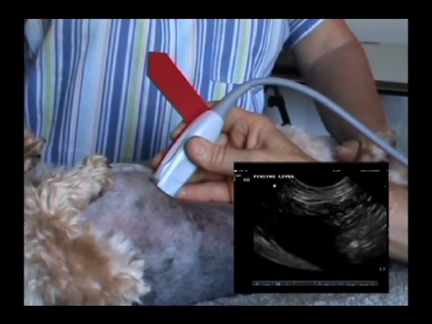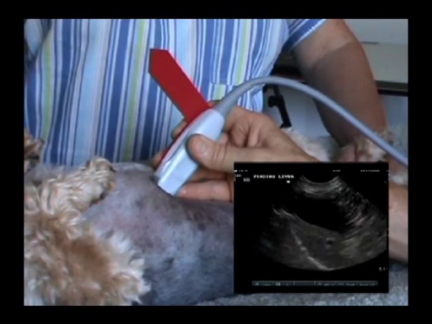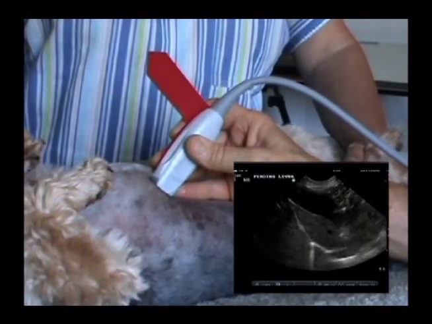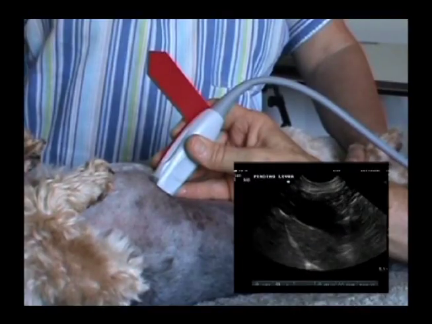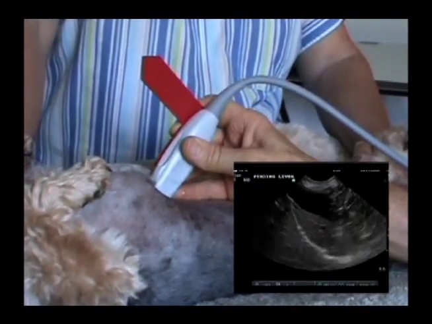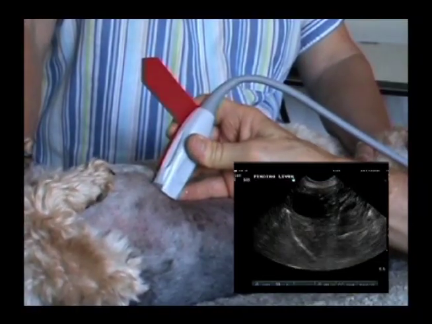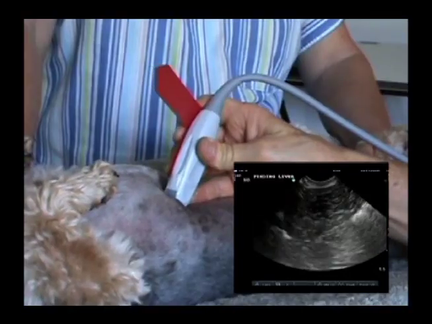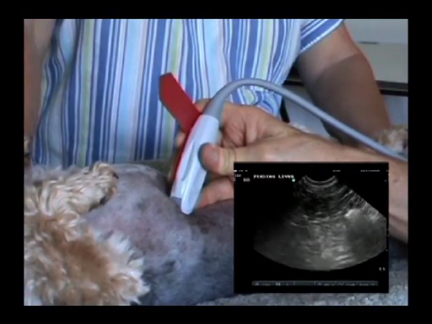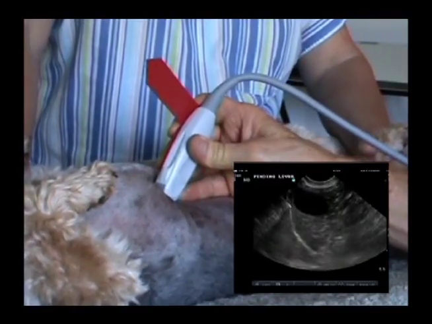Now that we have finished examining the gallbladder, increase depth to fill the ultrasound screen with gallbladder and liver. Fan or slide the transducer along the rib to the patient's right side till liver disappears. Then reverse directions and fan or slide along the rib to the patient's left side.